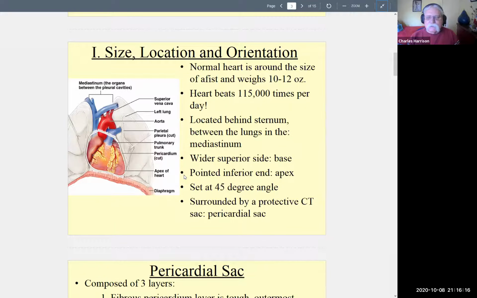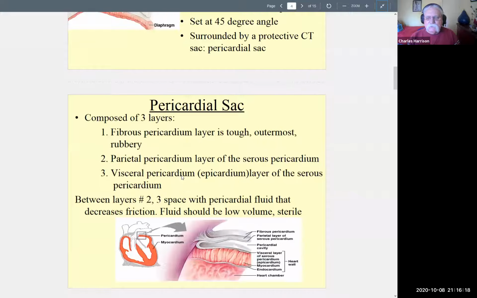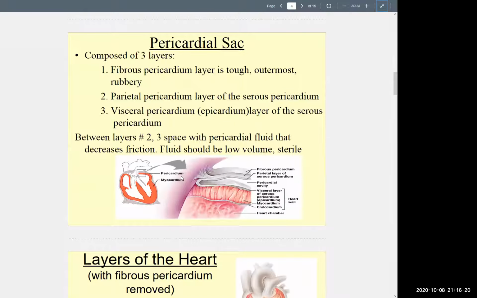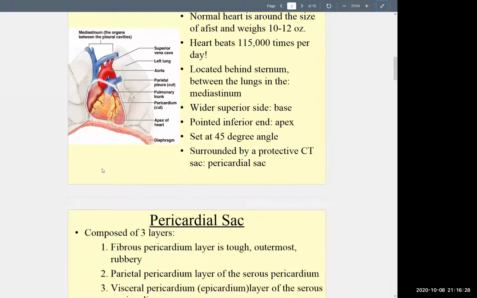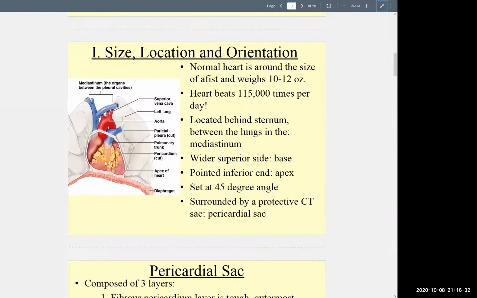Not a difficult drawing. This shows the. Charlie, I actually have a quick question. Yeah. So like with the AED, how does the electric current like affect the heart? Because I know you're supposed to put it on top of it and then on the side. And so my question is like, is there a specific way, why do we need to put it on the side one and then like on top of the heart?